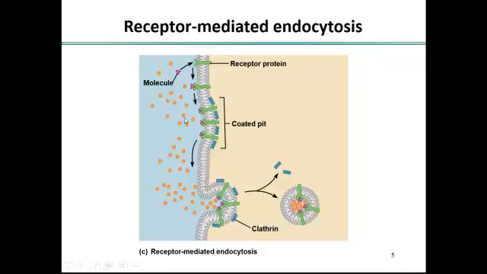The third type is called receptor-mediated endocytosis. In this one, the molecules being transported combine with receptor proteins embedded on the cell membrane, and those molecules are recognized by the receptors and then form a cluster, and this cluster goes into the cell and transports the molecules into the cell.